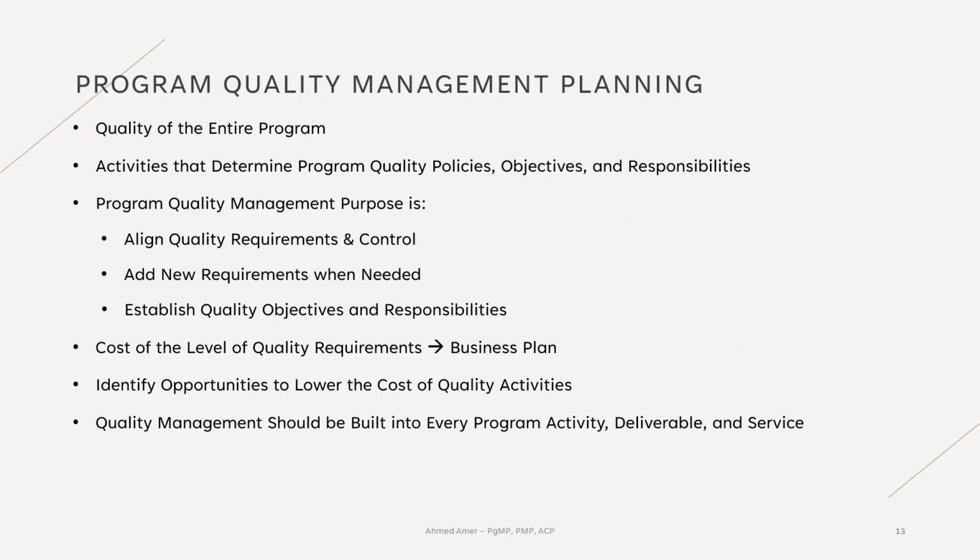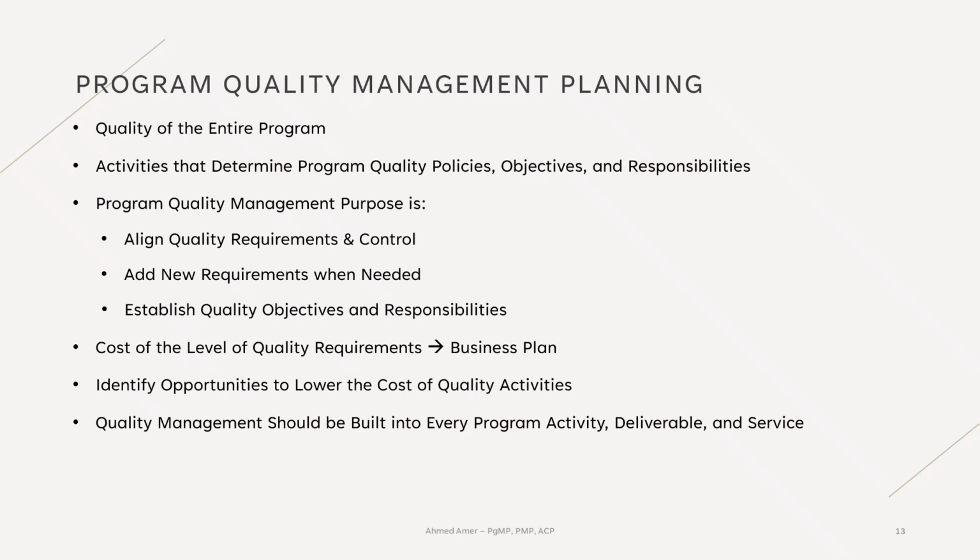If we take the development of a program resource management plan as an example, then involving a program quality manager helps ensure that quality activities and controls are properly applied and flow down to all components, including work performed by subcontractors. This supports consistency and reduces the risk of quality issues later in the program.